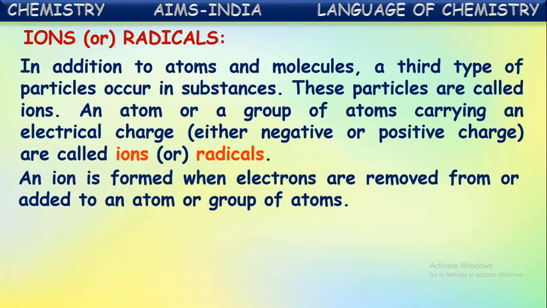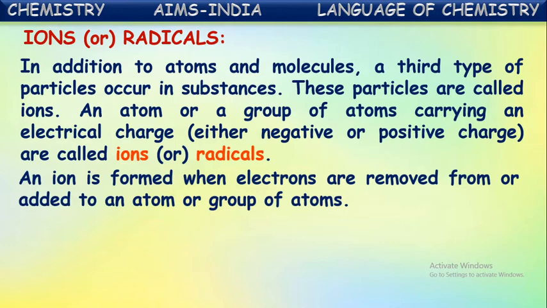An ion is formed when electrons are removed from or added to an atom or group of atoms. When these charged particles are formed, atoms either lose electrons or gain electrons.